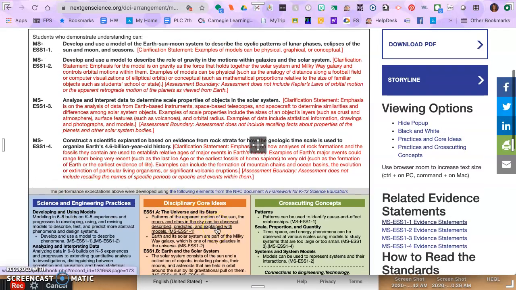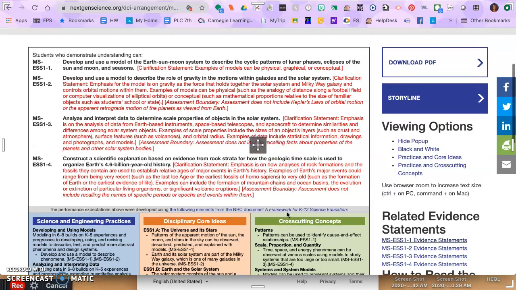When your instruction or lesson deals with the disciplinary core ideas, the content, indicate that. When you are instructing or showing a connection across crosscutting concepts, let's say with the seasons, it would be patterns. Indicate that. So be very explicit in your lesson plans of showing the required components and indicating where they are.